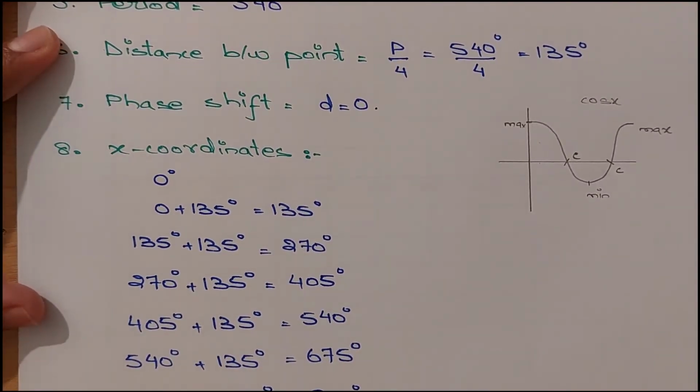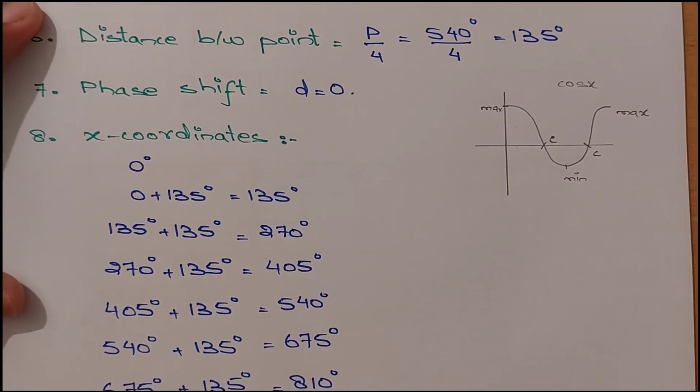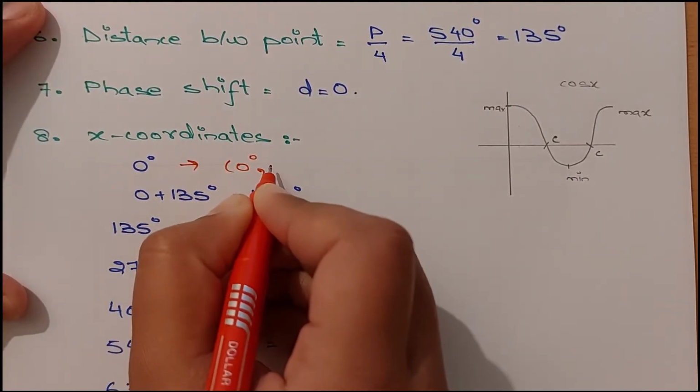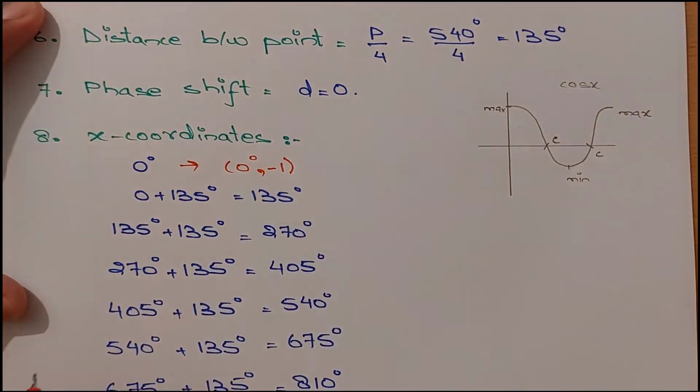So let me write down the coordinates now. Here the x coordinate is 0 and the y is the maximum, that is minus 1, right?